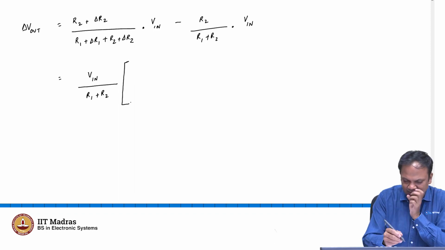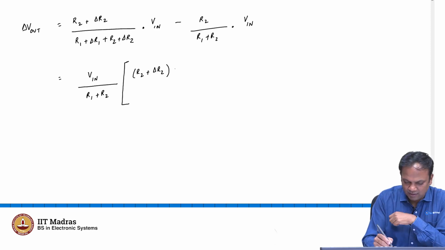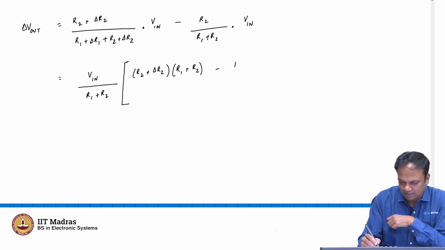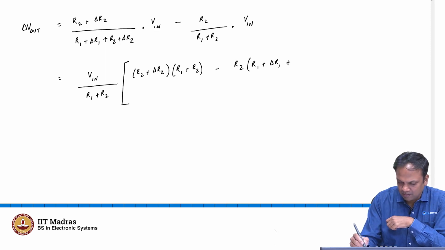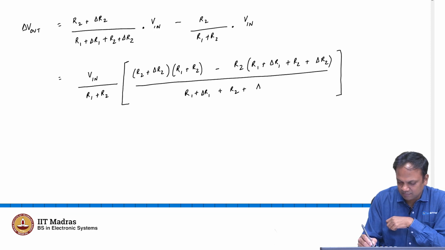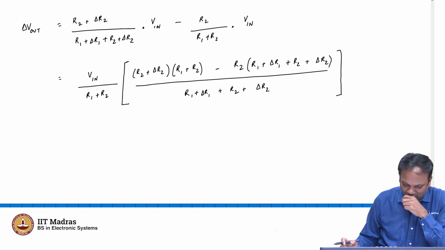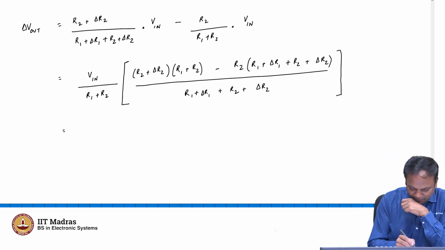Now what you will get is R2 plus delta R2 into R1 plus R2 minus R2 into R1 plus delta R1 plus R2 plus delta R2, by R1 plus delta R1 plus R2 plus delta R2, right. Just taken common denominator. Let's expand the terms.